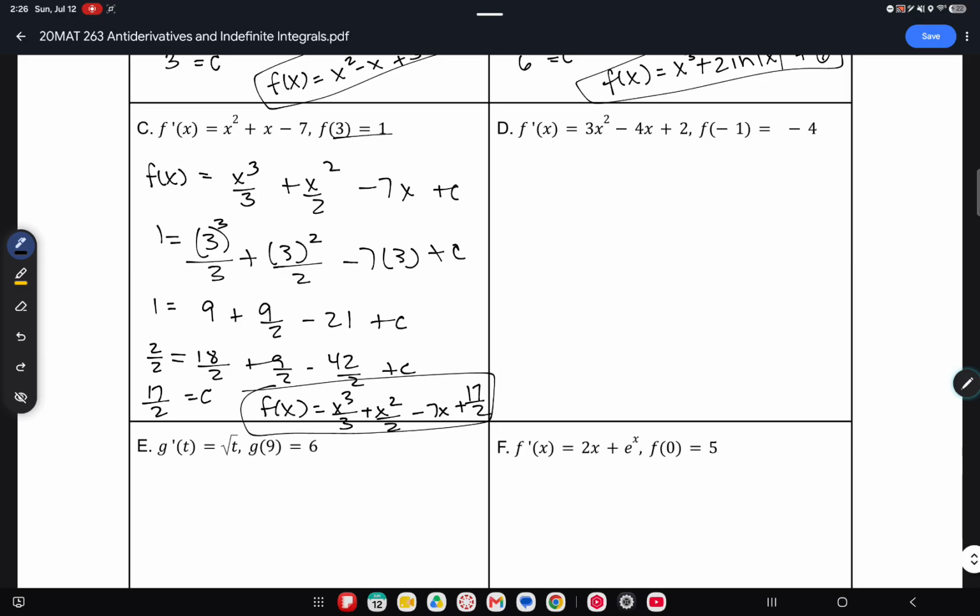Okay, do another one here. So let's see, we have 3x cubed over 3 minus 4x squared over 2 plus 2x plus c. And we can sub in what we know. 3 over 3 is reducing to 1. 4 over 2 reduces to 2.